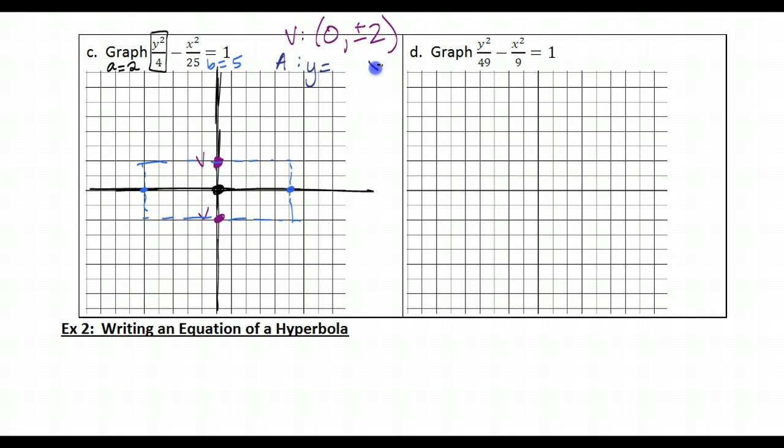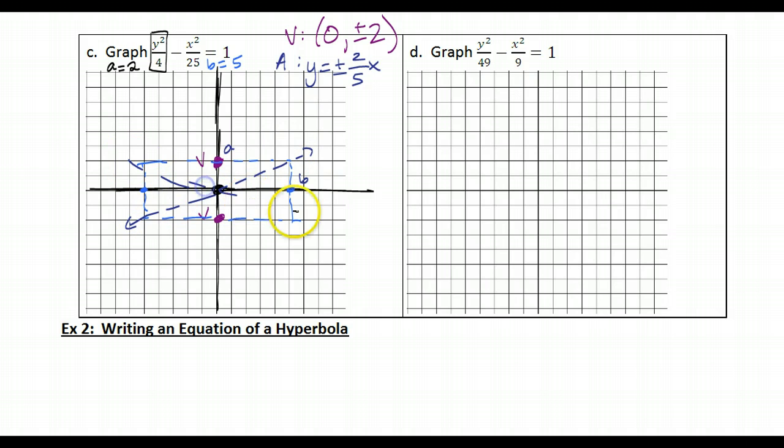The slope of a line, like any line you've learned about since 8th grade, is rise over run, and this is going 2 units up and 5 units over. That also happens to be the a value divided by the b value, and that's why we put that in our little formula chart on the front page.